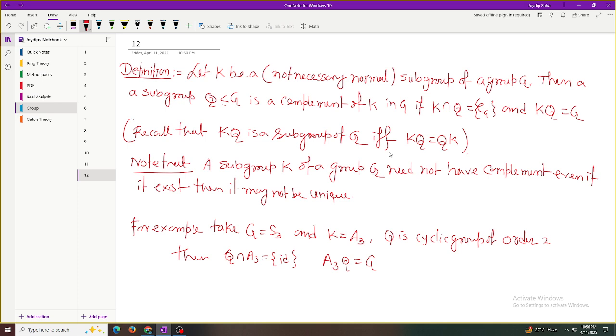You know that if one of them, K or Q, is normal, then KQ equals QK, hence KQ is a subgroup. So A3Q is a subgroup, and you can use the formula: order of HK equals order of H times order of K divided by order of H intersection K. Using this formula, it has order 6, so it is actually S3. But in this example the complement is not unique.